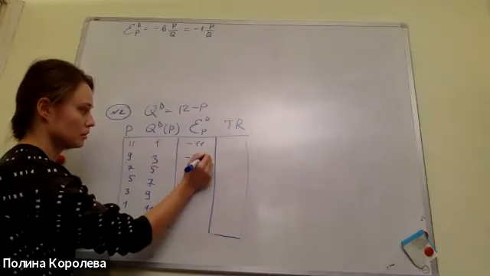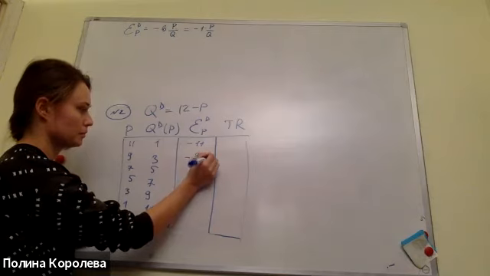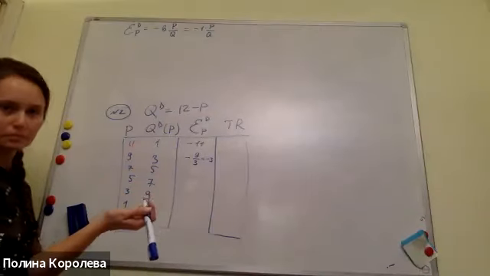Minus 3, which is multiplied by 3, minus 9 over 3. Minus 3, okay. Then minus 5 divided by 7, minus 1.4.